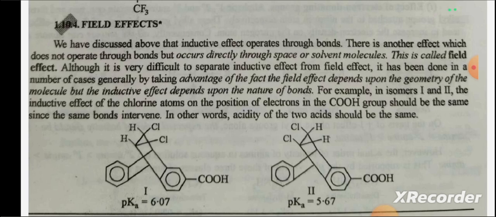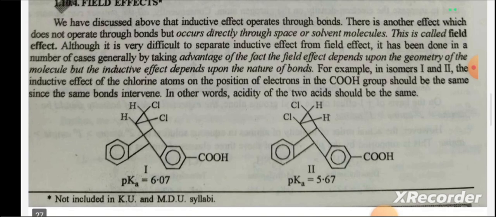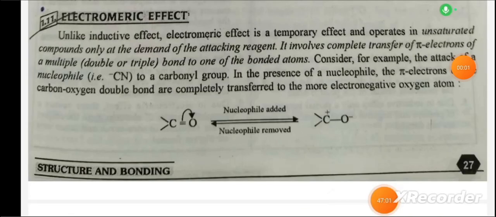For example, in isomers 1 and 2, the inductive effect of the chlorine atom on the position of the electron in the COOH group should be the same since the same bonds are involved. In other words, electromeric effect is a temporary effect and operates in unsaturated compounds only at the demand of the attacking reagent.